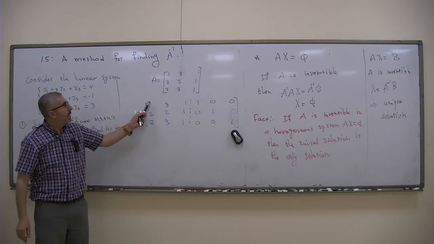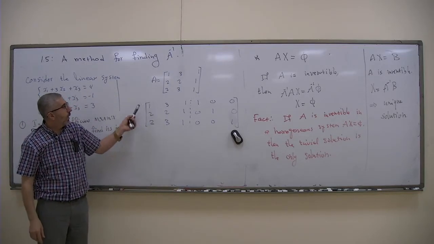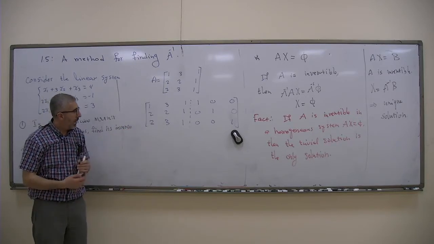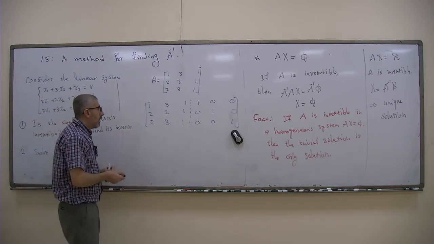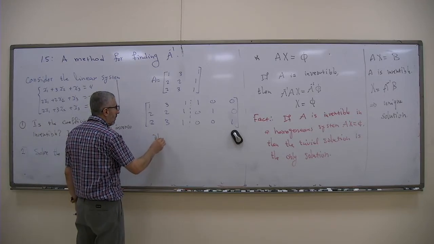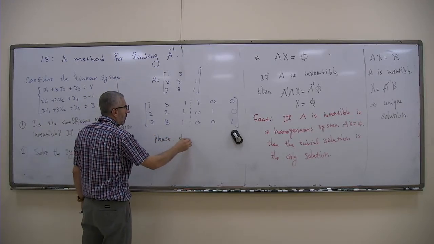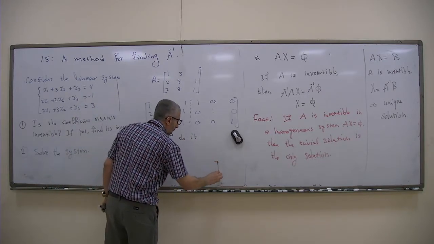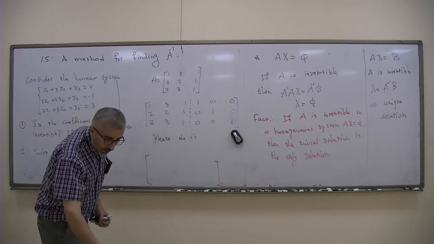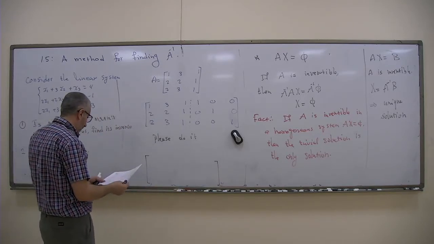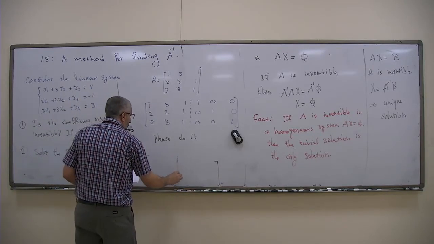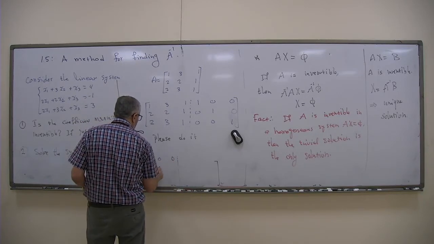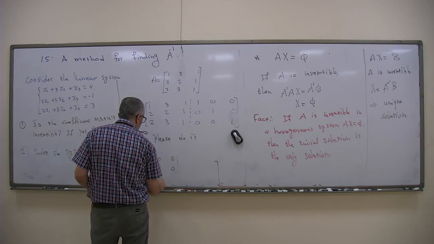And we do elementary row operations here till we change this into a reduced row echelon form. I'm not going to write all the steps here, so please do it at home. At the end, I'm going to give you the final answer. You are going to get the identity here, 1, 0, 0, 0, 1, 0, 0, 0, 1.